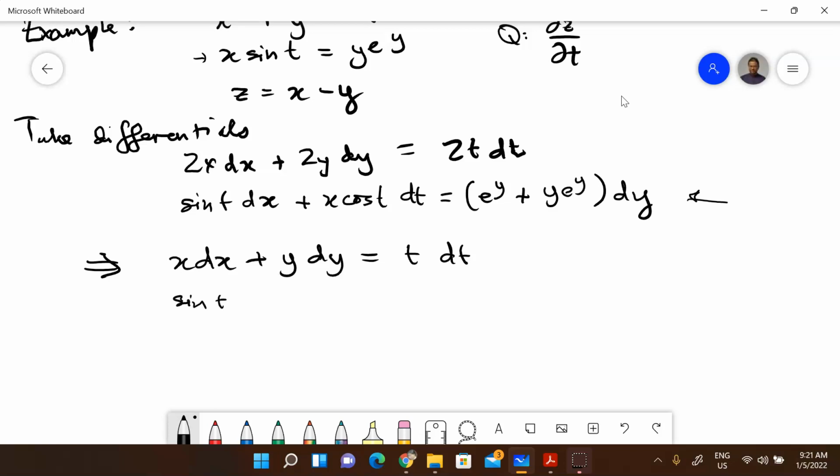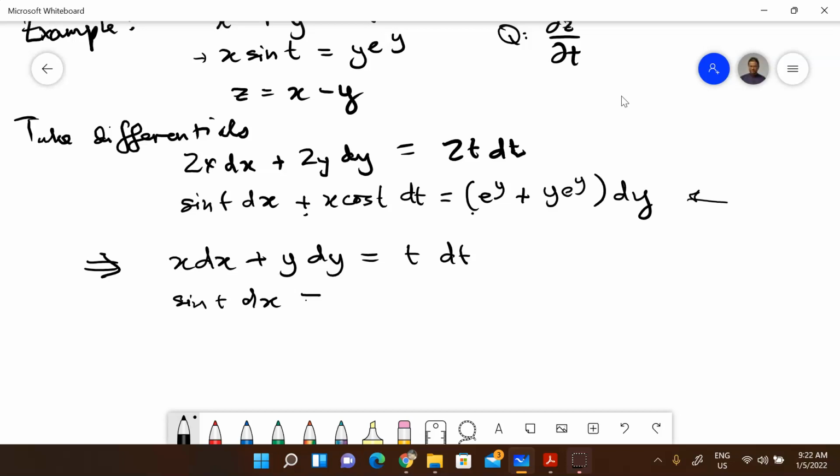So I would actually have sine t dx. Oh yeah, plus, oh, it's a minus, sorry, because we're bringing this one to the other side.